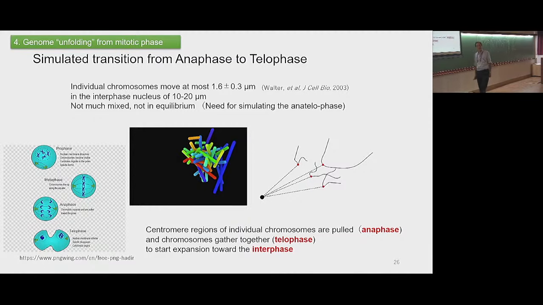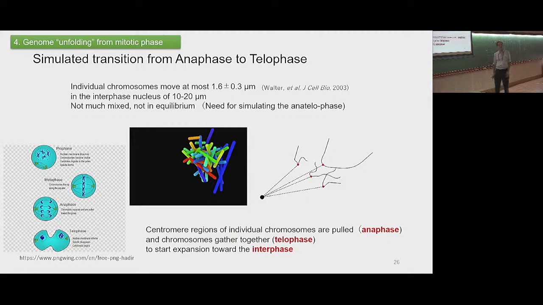Each chromosome does not move much during the cell cycle. So it means that interphase chromosomes retain the starting memory of the initial conditions of the interphase.